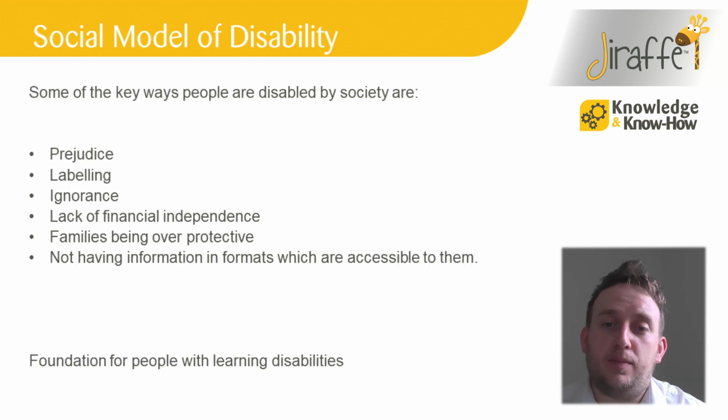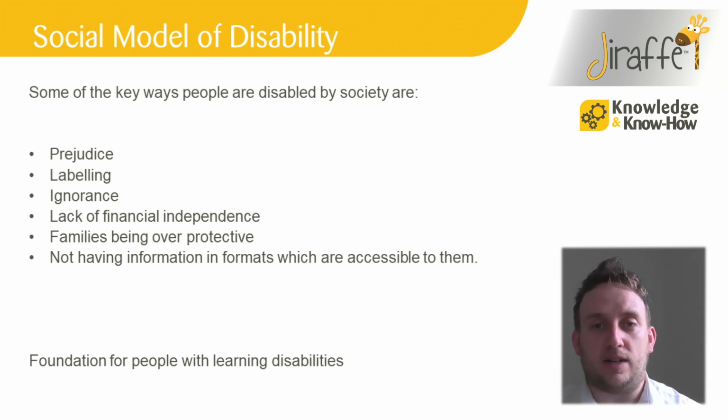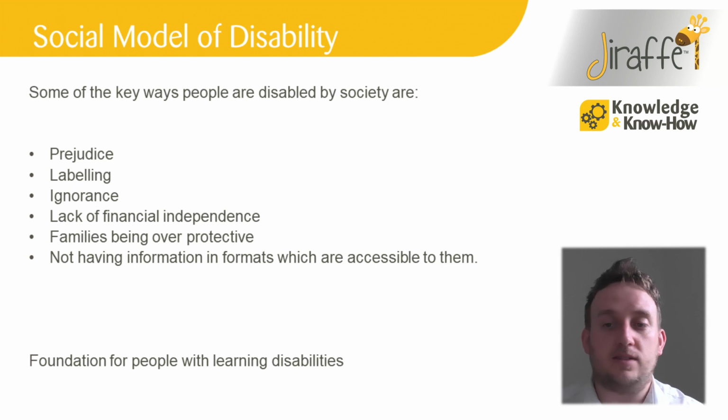The Foundation for People with Learning Disabilities pointed out a few key ways that people are disabled by society. First of all, prejudice. We spoke about the idea of stigma and not being seen in society, which can actually increase stigma and discrimination. There's also the labelling of people, using incorrect terminology or terminology that can be quite damning, which limits people's ability to be independent or to achieve the things that they're capable of.